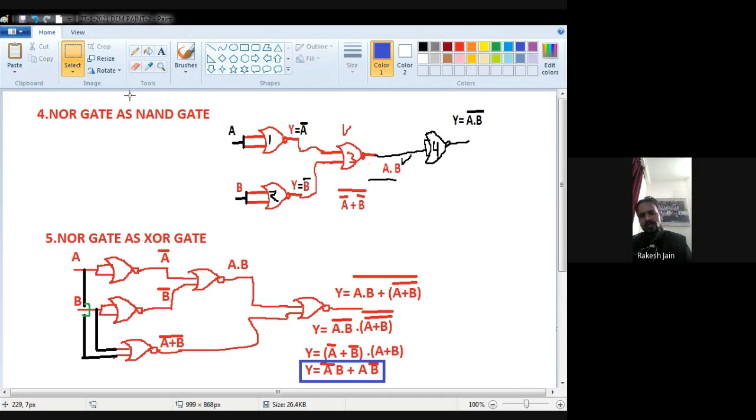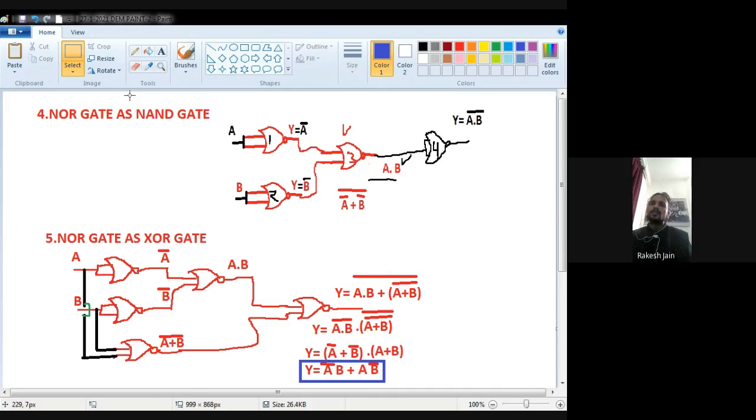Now to simplify this, we use De Morgan theorem. De Morgan theorem states that if two things are added with each other, convert them into multiplication form, meaning the plus will be converted into a dot, and both things have individual bars.